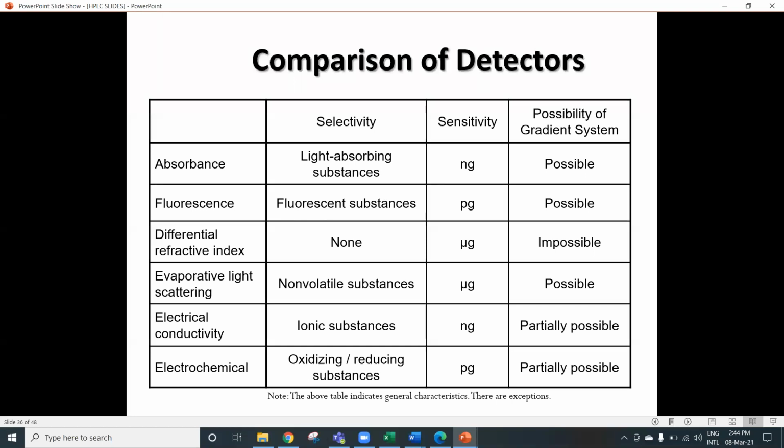So when your samples have excitation and emission wavelengths, you use the fluorescence detector. We have differential refractive index detector, evaporative light scattering detector, electrical conductivity detector, and electrochemical detector. And their sensitivity varies. Those that have up to picogram are very selective and can measure very, very low concentrations.